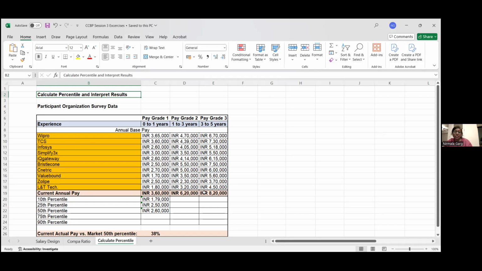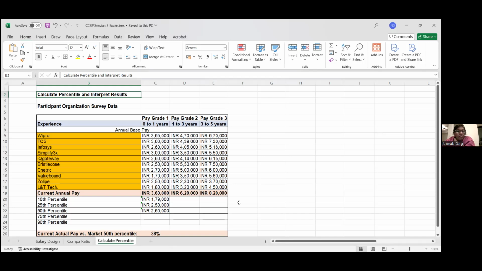Now, this is your market data. How will you calculate what is the 10th, what is the 25th, what is the 50th? I want you all to do it individually, not as a group, at your desk. It is a very simple exercise, and using the same percentile Excel tool, you can do this.